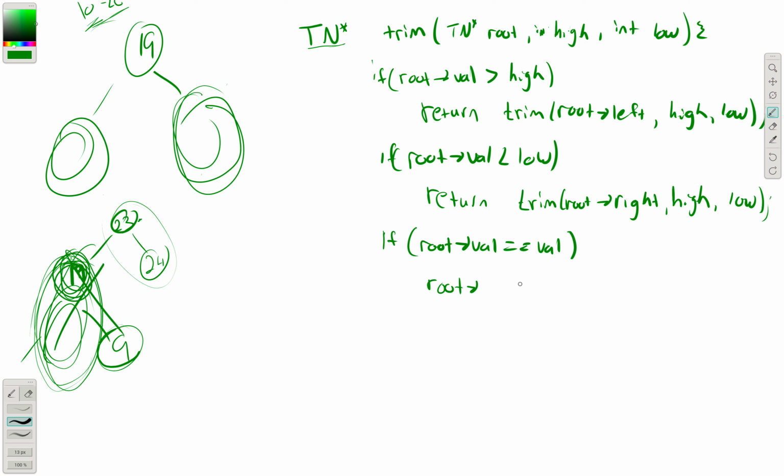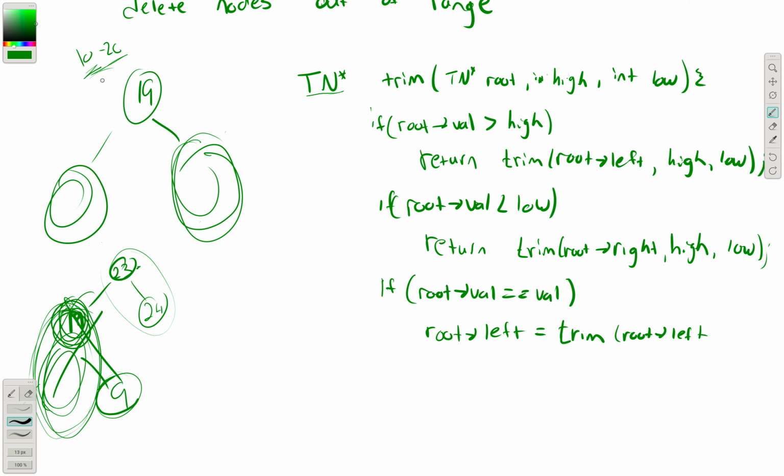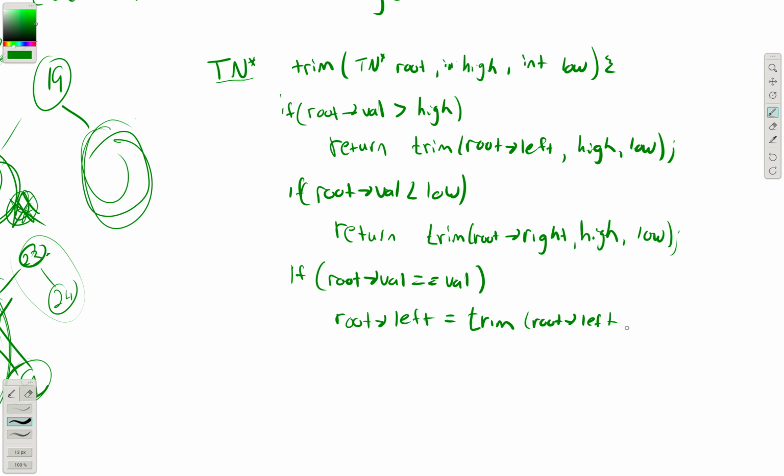So what we're going to do is get the root left to be the trimmed version of the left tree, because the left side could go under range, right? We know it's not going to be over 20 ever, but it could be under 10, and we might want to chop those branches off. So we're going to go root left, high, low.